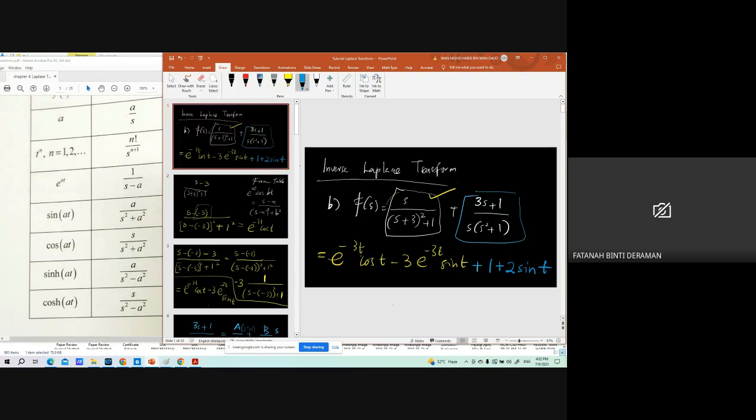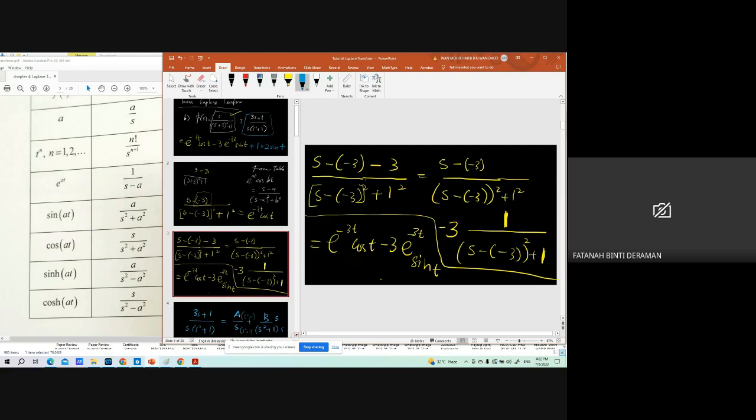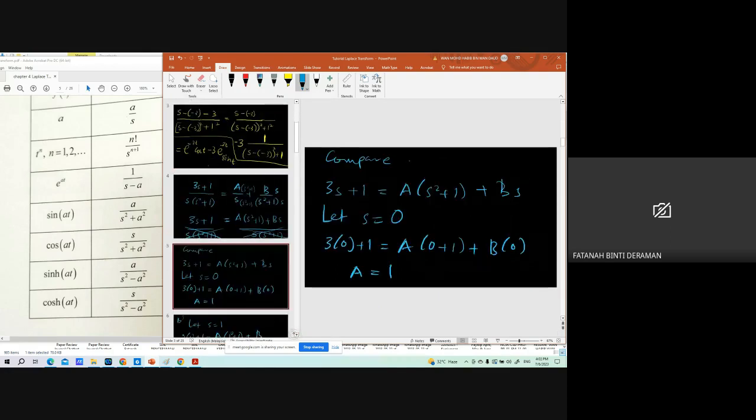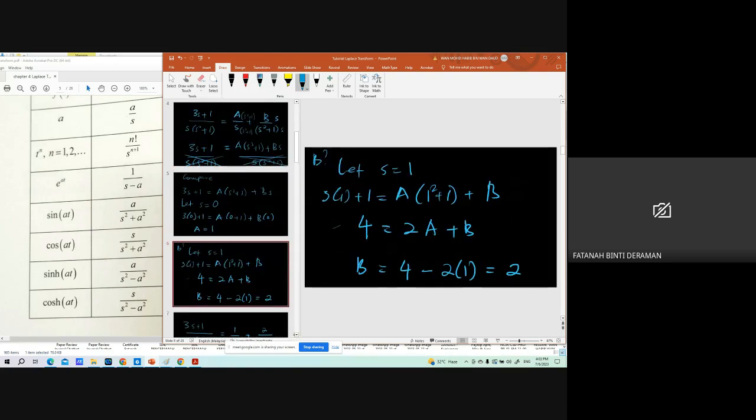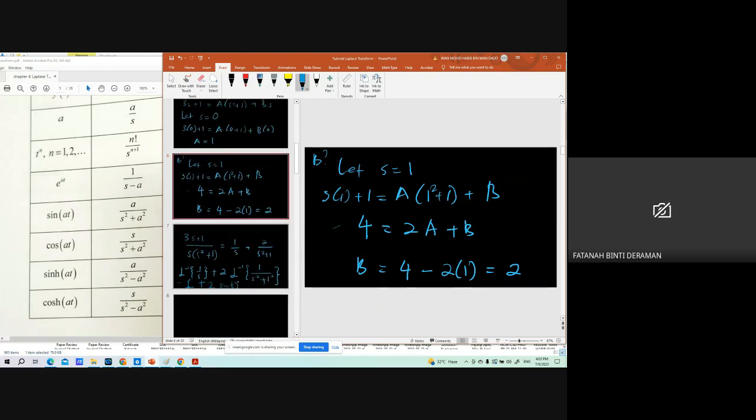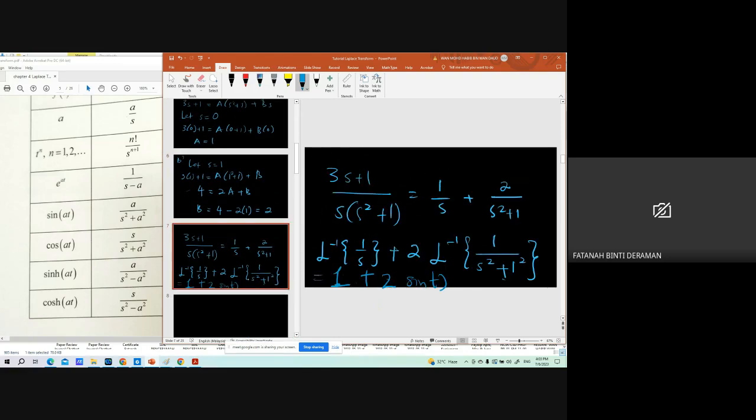It is 3s, but here I changed to 2s. That's why it should be 3 here. It is 3s. So, no, I think the answer is not correct. Yeah, I think you will get a similar answer to mine.